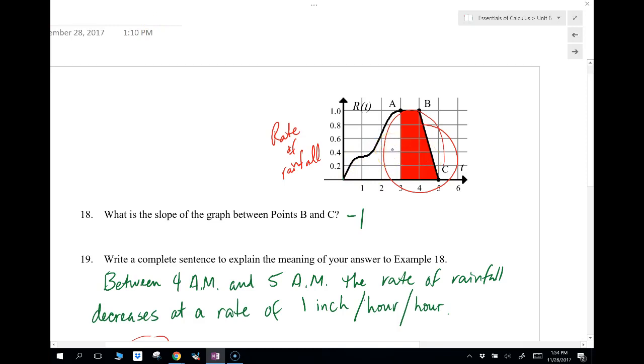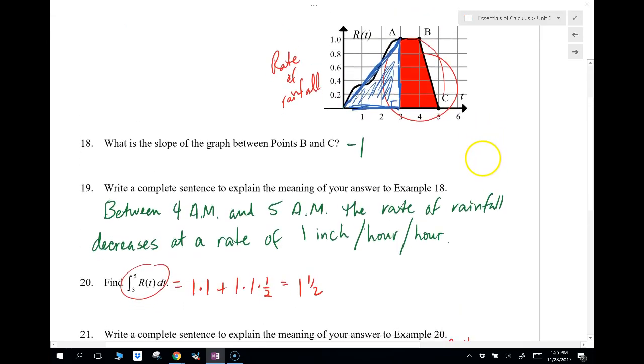A good estimation would be to just do a rectangle or a triangle. I mean, that's an estimation, right? I know I missed these little areas, but this is going to take care of most of it.